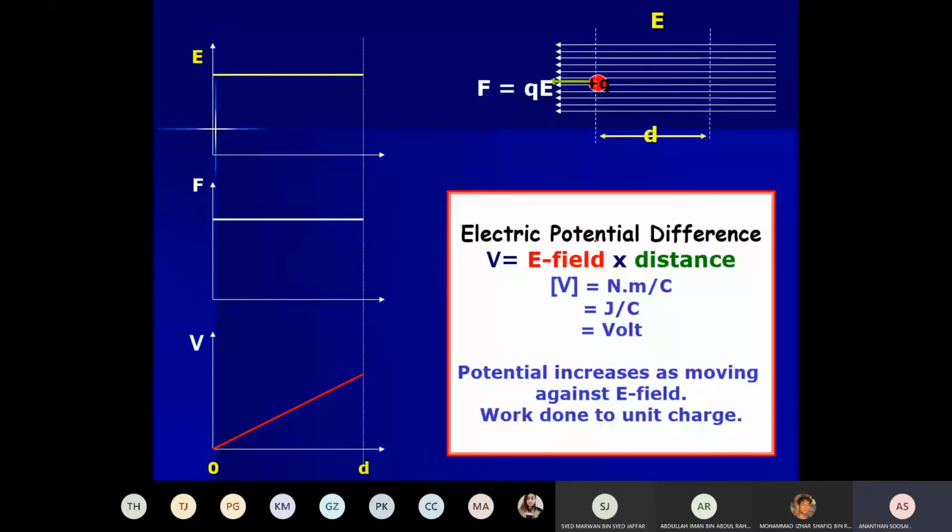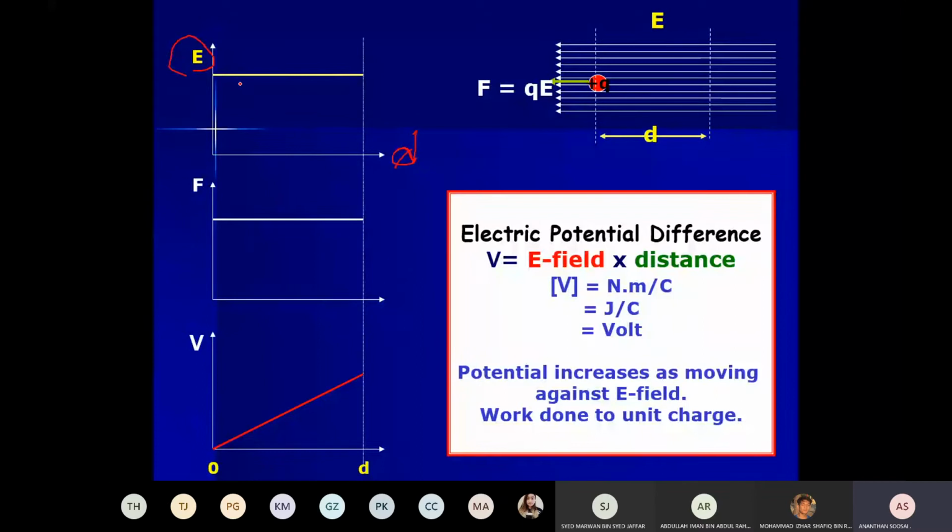Okay, in this topic, graphs are involved. When a charge moves from one point to another, we plot the electric field strength versus the plate separation. The x is the distance you are moving, say I put d, from left to right.